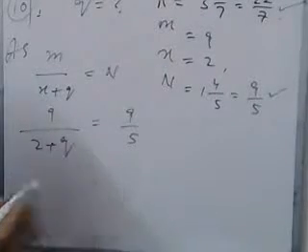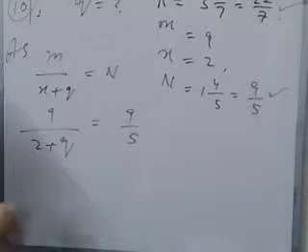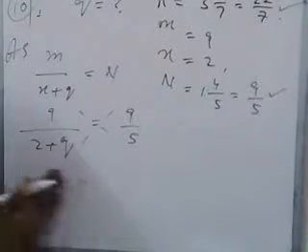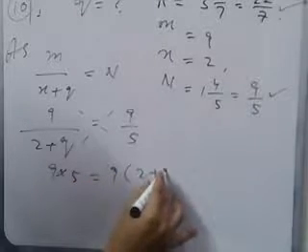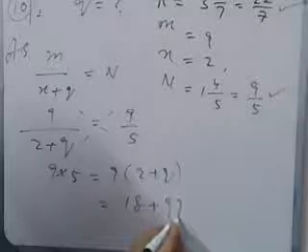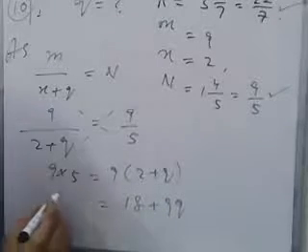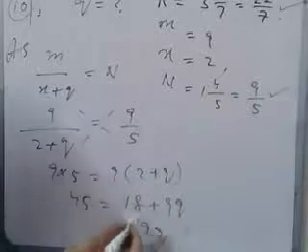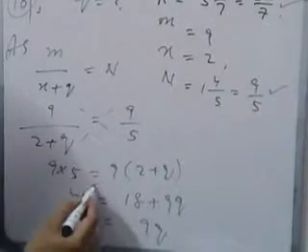A very simple method is using cross multiplication to remove the fraction form. We will get 9 multiplied by 5, and 9 multiplied by 2 plus Q using this bracket. 9 2s are 18 plus 9Q, so 45. Again, you need the value of the variable, so the constant term should be shifted to one side.